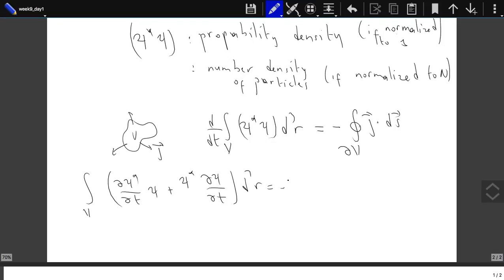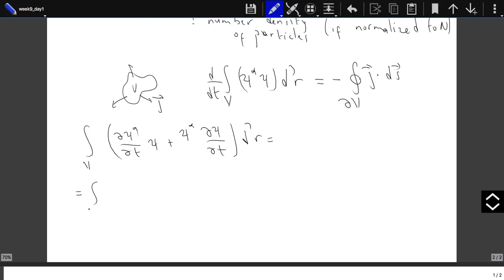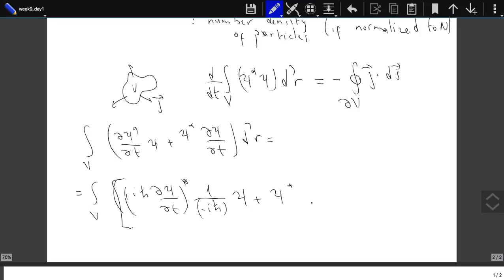This is equal to minus, plus 1 over i h bar times the complex conjugate of h psi, times psi, plus psi star times 1 over i h bar h psi, d cubed r.